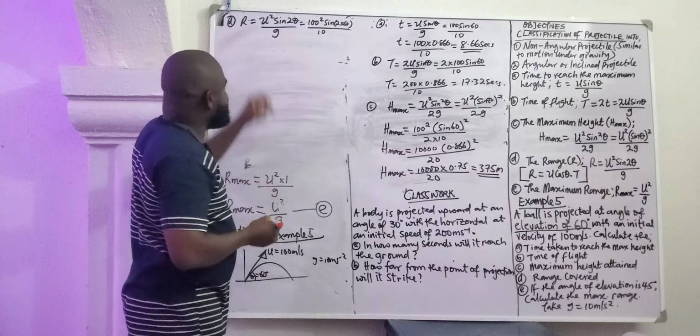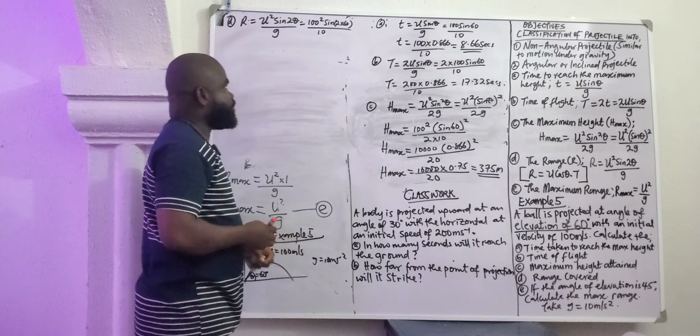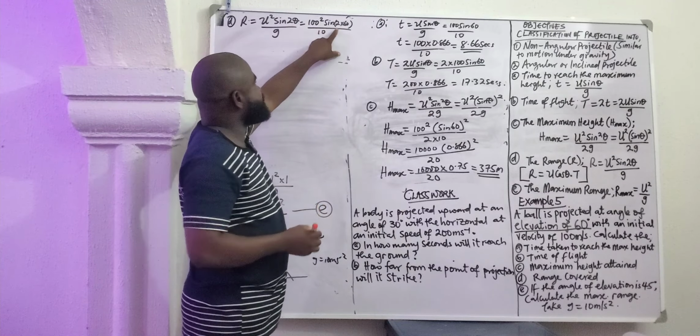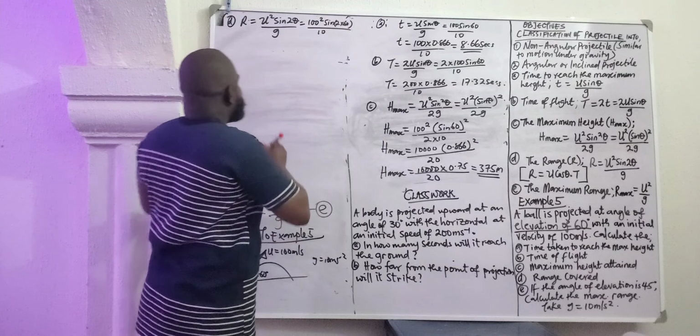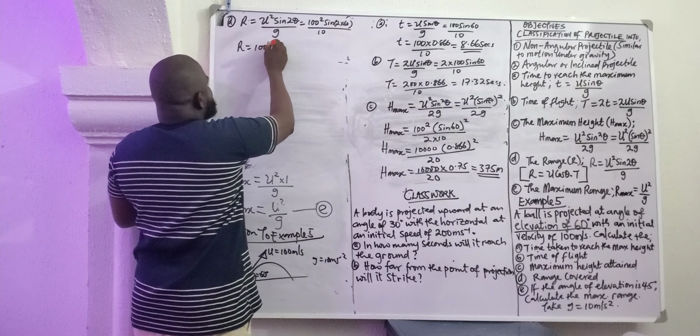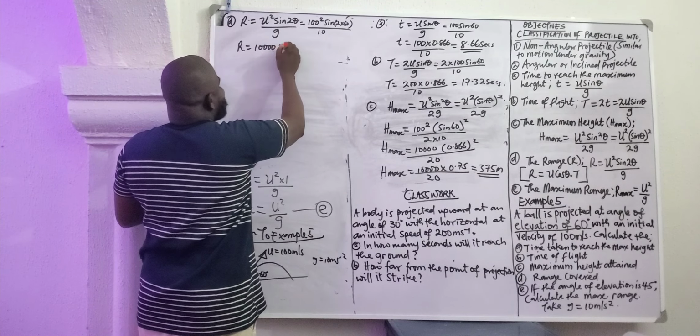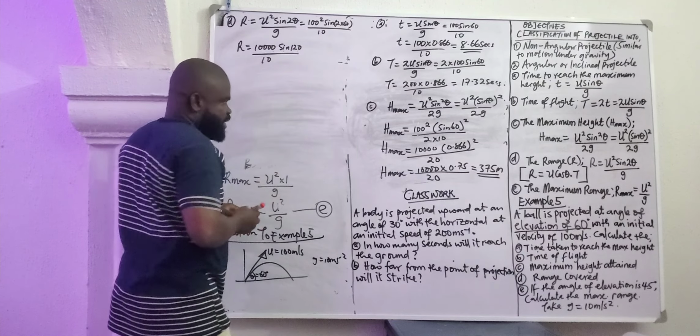Do you get that? There is a difference between sine 2 theta and sine squared theta. They are not the same interpretation. Sine 2 theta means you multiply the angle first by 2 before you take sine of it. So this will give me R is 10,000 sine 120 divided by 10.